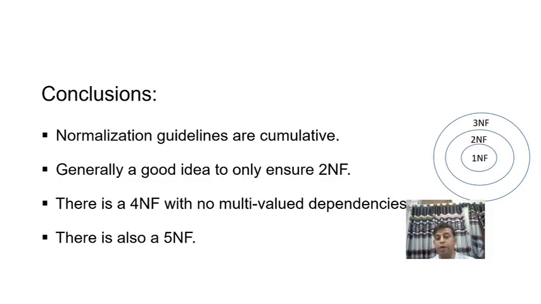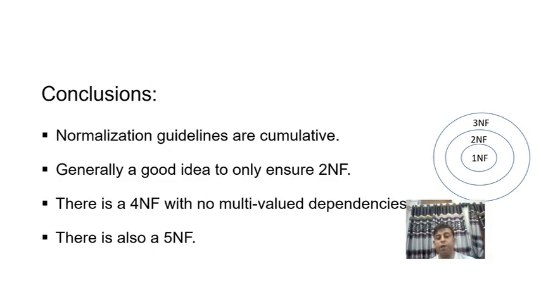Normalization guidelines are cumulative. Generally, it's a good idea to only ensure 2NF. So for data normalization, we'll achieve normalization up to 2NF. It's sufficient to make the tables normalized up to 2NF.